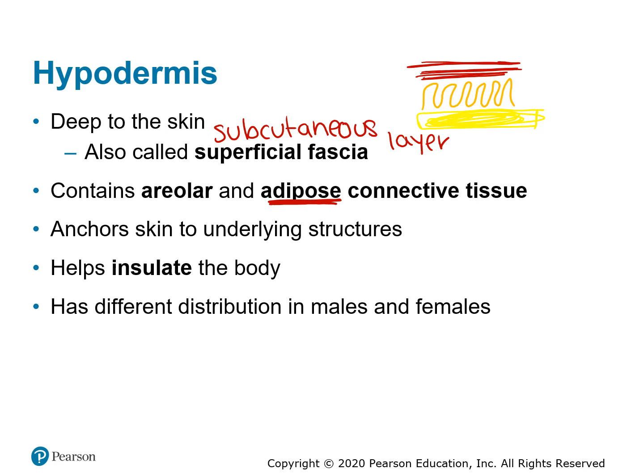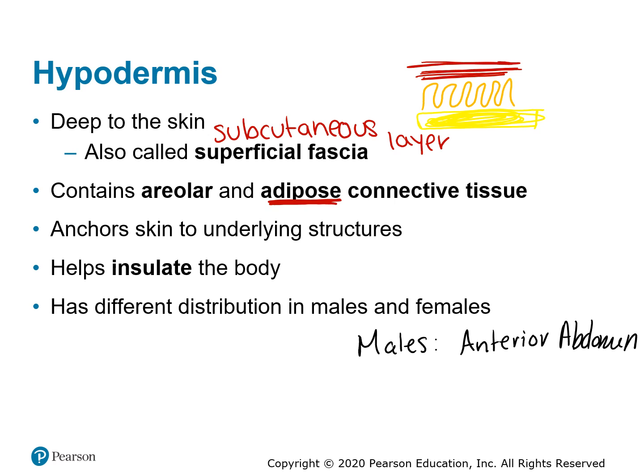There are different distributions of that hypodermis in biological males and females. In biological males, you see a lot more of that distribution in the anterior abdomen, which gives you a little bit of that beer gut.